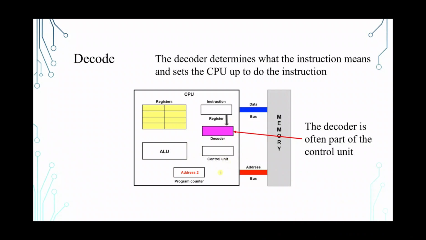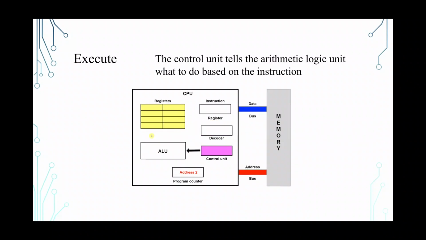The decoder determines what the instruction means and sets the CPU up to do the instruction, looking at the opcode and the operand. Then it tells the control unit what to do with the ALU, the arithmetic logic unit, which is basically the heart of the CPU that does the calculation.